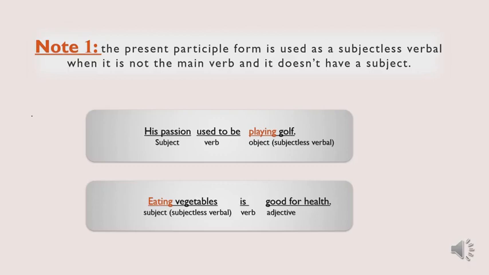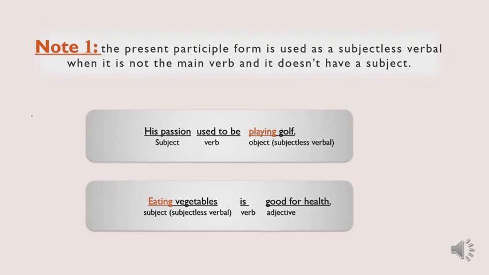Before going to the form number 4, let's have 2 notes about the third form, which is the present participle. The first note says that the present participle form is used as a subjectless verbal when it is not the main verb and it doesn't have a subject. Now we have a new term that is called subjectless verbal. What is a subjectless verbal?